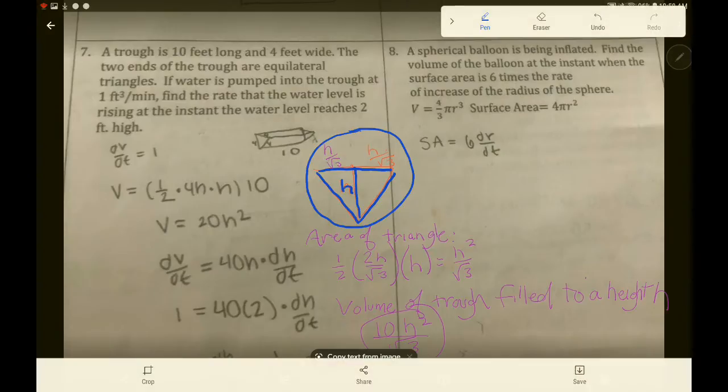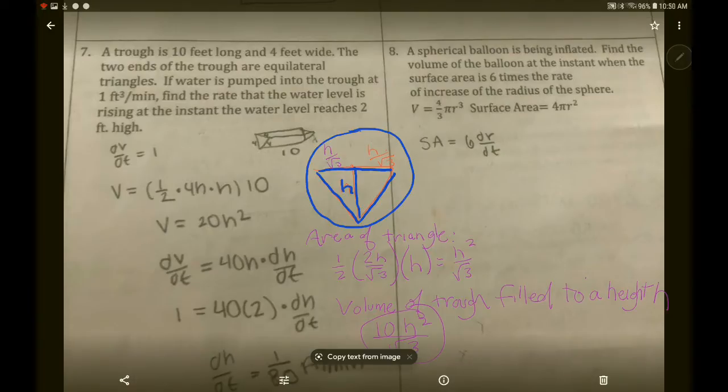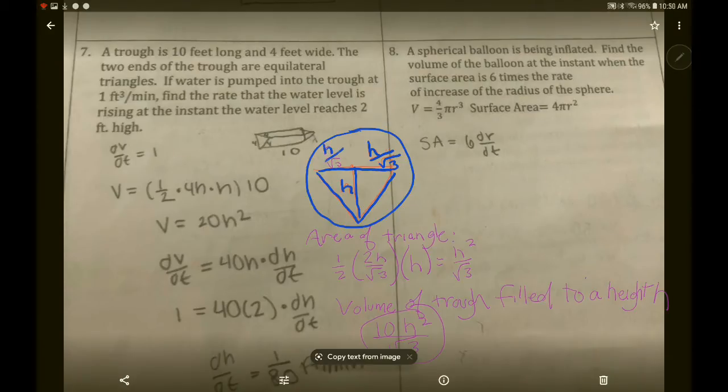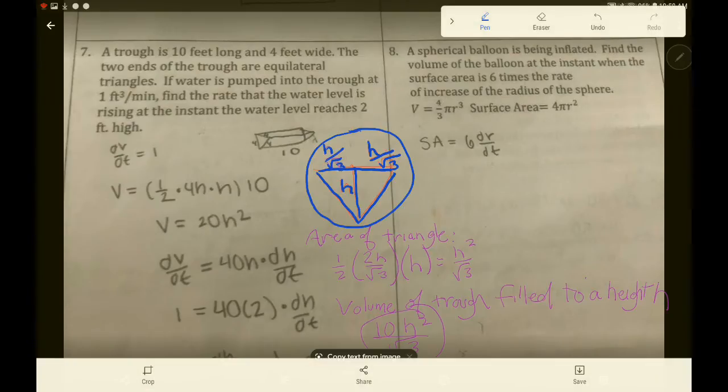this height h is the middle side of a 30, 60, 90 triangle. We divide by square root of 3 to get the short side. So this short side is h over the square root of 3. And of course, over on the other side, it's also h over the square root of 3. So the base of the triangle is 2h divided by the square root of 3.